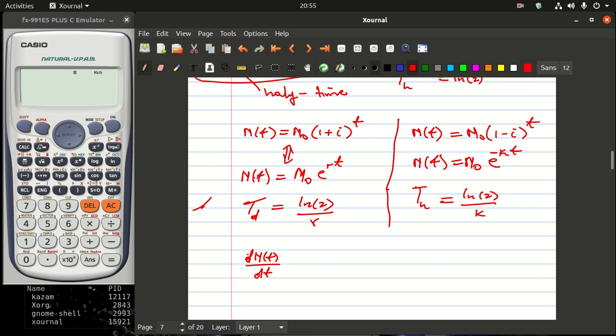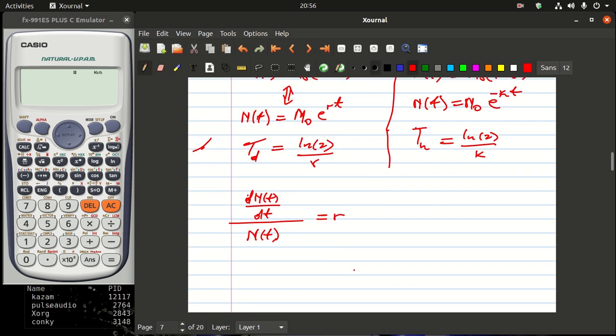This is the change of this function at some time t. So if we take that change and divide it by N of t, remember that we said this is always going to be some constant. So using this equation, this must always be equal to some r. In other words, if you want to find the growth rate at time t, dN of t with respect to time is supposed to be r times N of t.